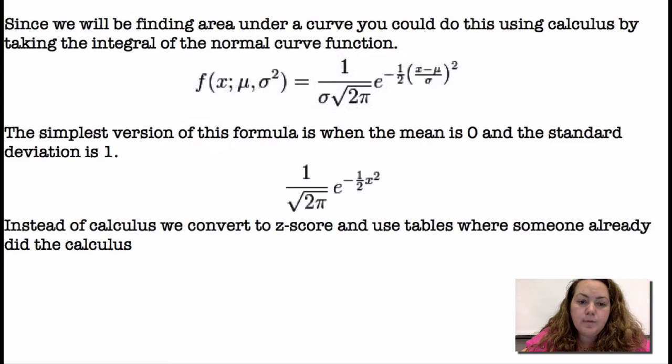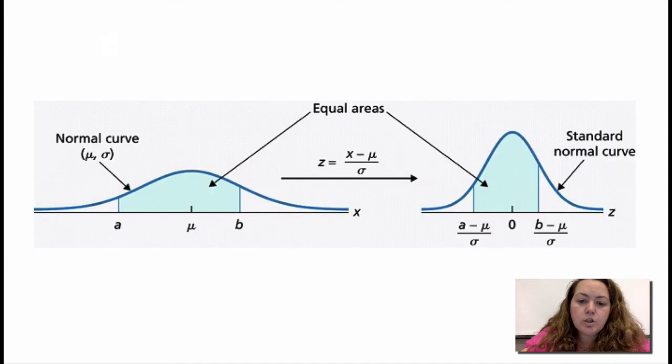All right, so here are two normal curves. This first normal curve is using a mean and a standard deviation, where the mean is mu, some value, and the standard deviation is sigma, some other value. All right, and then that area that's shaded is the exact same amount of area shaded on the other curve, except the other one is standardized. So we actually calculated z-scores.